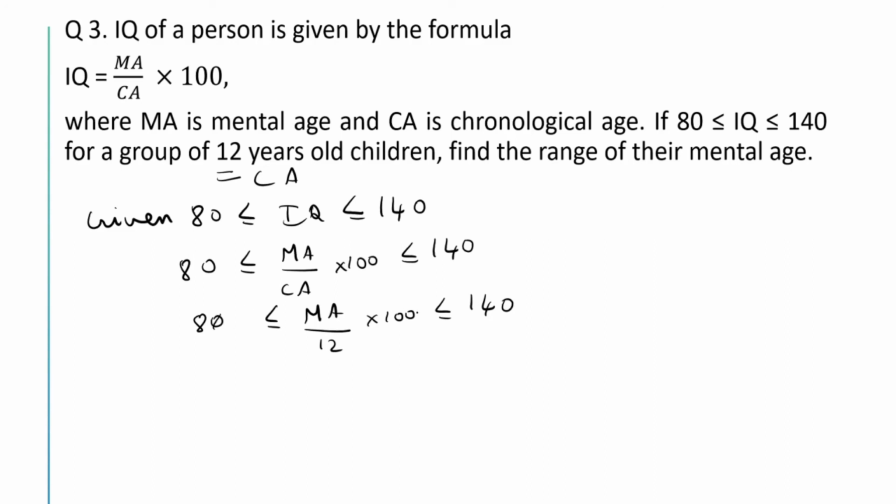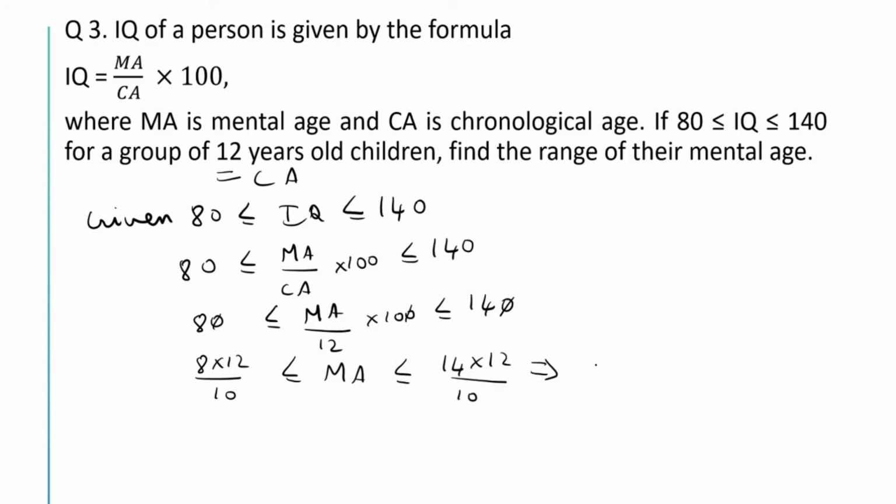So let us cancel 1 0. So we get 8 into 12 by 10 less than or equal to MA less than or equal to 14 into 12 by 10.